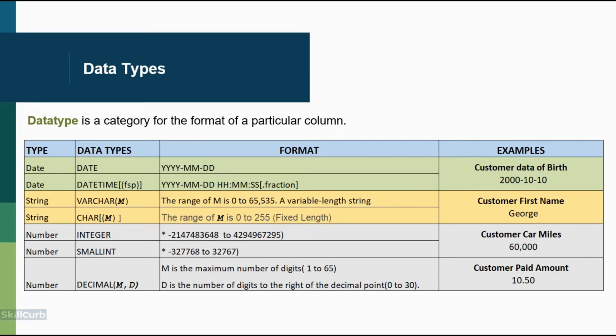Or if we have decimal places we want to represent, like the customer paid amount, for example if you paid for a Starbucks coffee and the amount was some dollars and then some cents, we can represent that with a data type of decimal. If you know the data types in the categories of date, strings, and numbers, you can do the majority of data analysis knowing these data types.